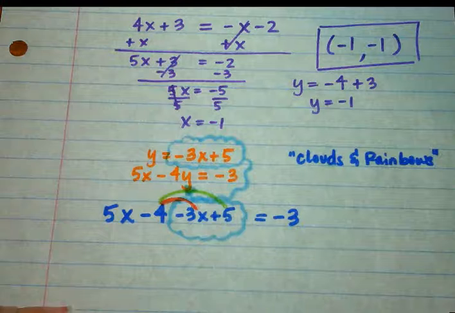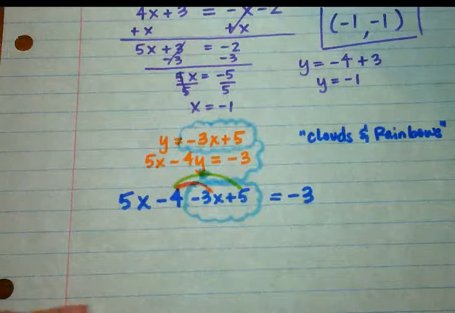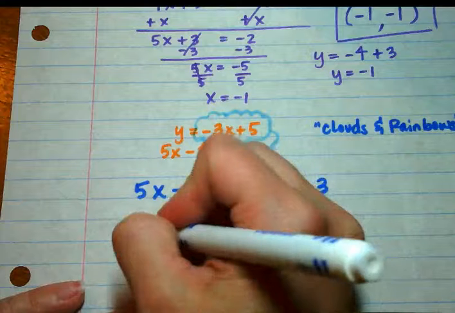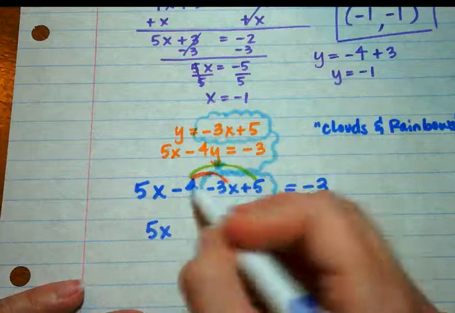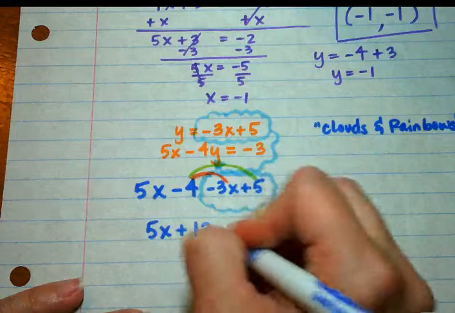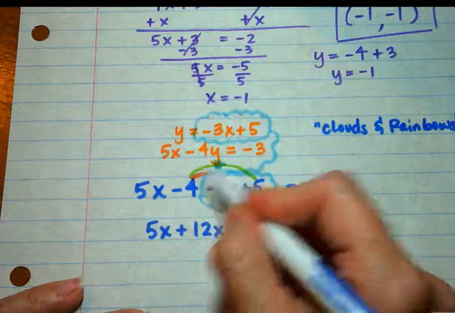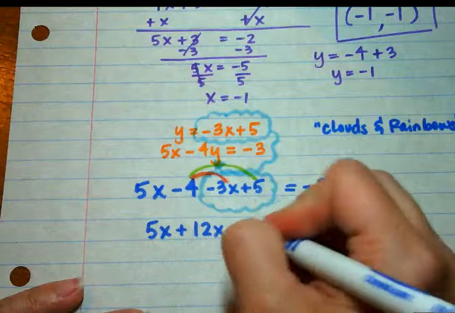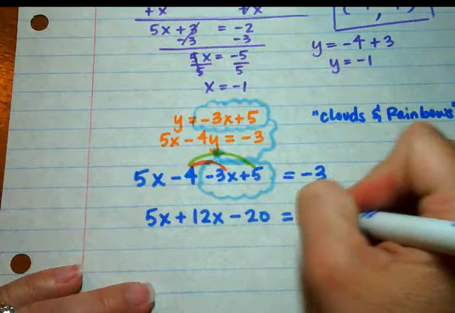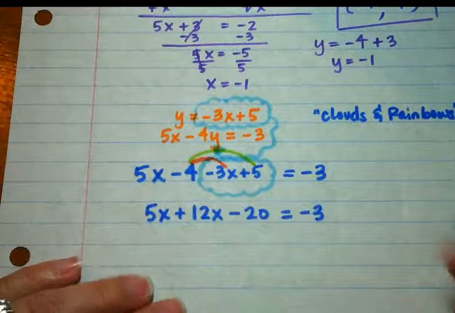Now I have my clouds and rainbows. Sorry, I'm struggling with the markers. All right, now I'm going to rewrite this. So 5x, and when I make my rainbow, this gives me 12x, and the other rainbow gives me negative 20, equals negative 3.